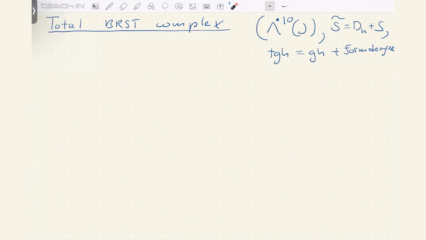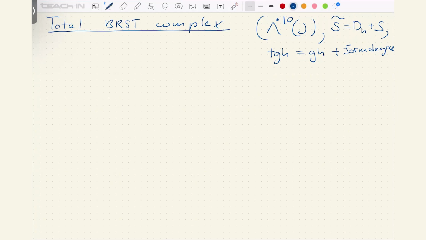So we have this new complex, and indeed we need to consider another degree, because S raises ghost degree by 1, but the horizontal differential adds 1 dx, so it raises the form degree by 1. So it doesn't look like a homogeneous differential unless we pick a total degree. So this is the total BRST complex.